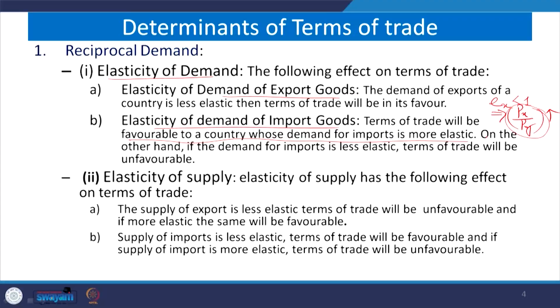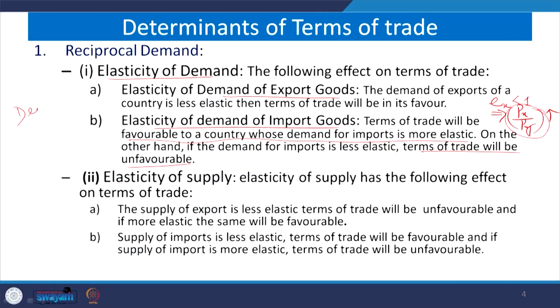On the other hand, if the demand for import is less elastic, that means monopoly power is attached to it, and the monopoly power and its effects are derived by another country, the one exporting. So terms of trade will be unfavorable. This is one side of the story, where we are emphasizing demand perspectives.